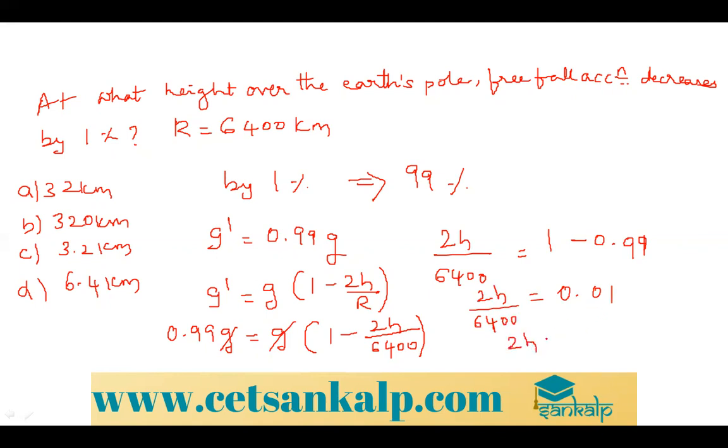So 2h is equal to 6400 into 10 to the power minus 2, so dividing by 10 to the power minus 2 becomes plus 2, it is nothing but 100. So the 0 cancels. So 2 ones are 2, 32. So the answer will be 32 kilometer. So h is equal to 32 kilometer will be your final answer. Okay.